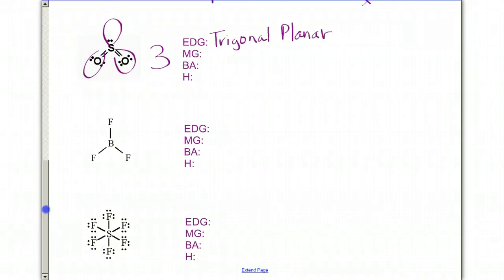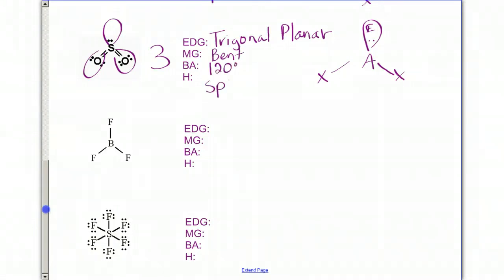For the molecular geometry, we have A with 2 X's and 1 lone pair at the top. So AX2E is what this one is, and that's going to be known as bent. The bond angle is going to be 120 degrees, and my hybridization is going to be sp2.